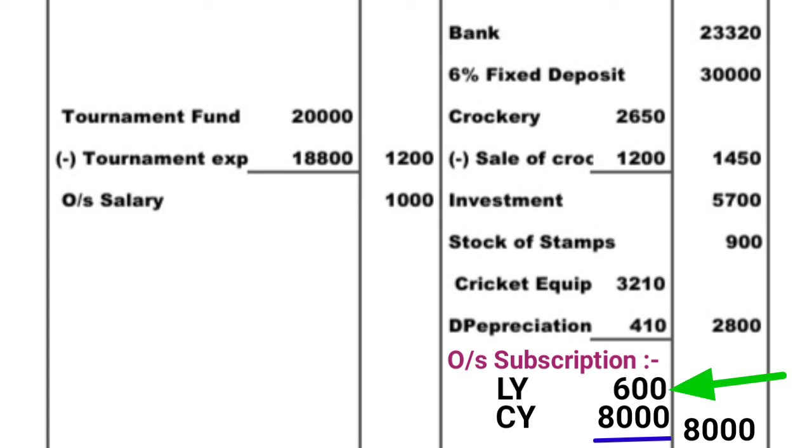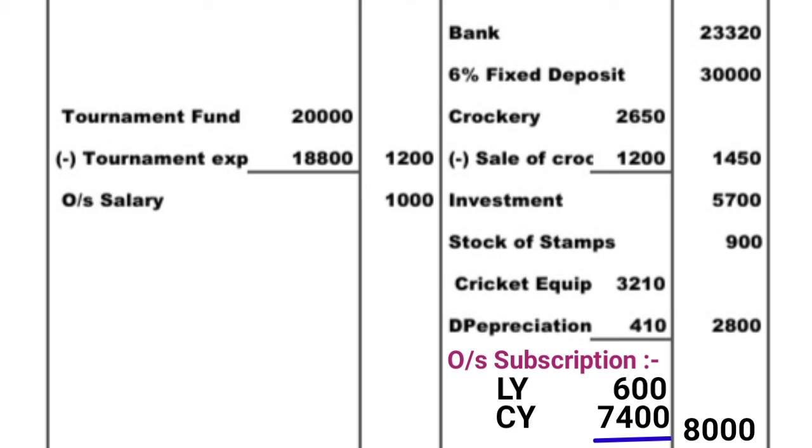In the inner column, last year balance is 600 and current year outstanding would be 8,000 minus 600, that is equal to 7,400. 8,000 is the total outstanding. It includes previous year balance and current year outstanding.